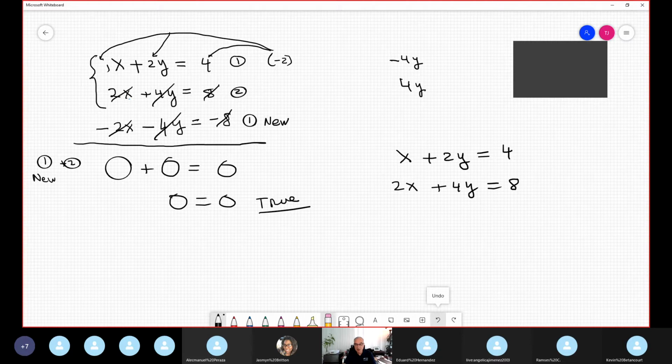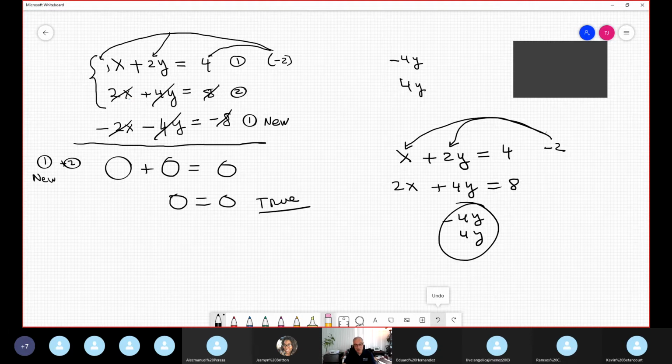I multiply by negative 2 here because I analyze quickly: 2 times negative 2 is negative 4y, and 4y is ready for elimination. Do you see it ready? In this case, there is only one possibility, but this is a coincidence because this is a special case. In another example, I promise you will see before, after that, you see there are several combinations. Of course, you select the combination that you consider easier for you.